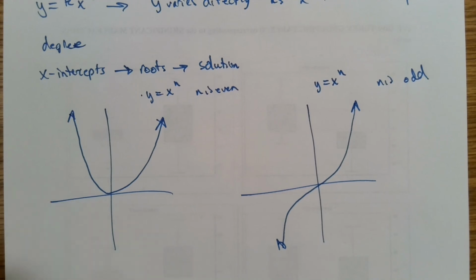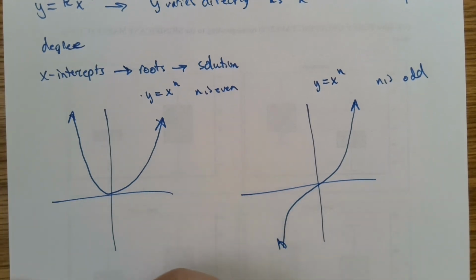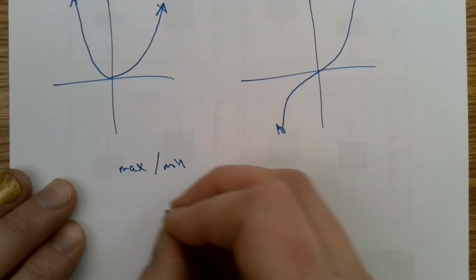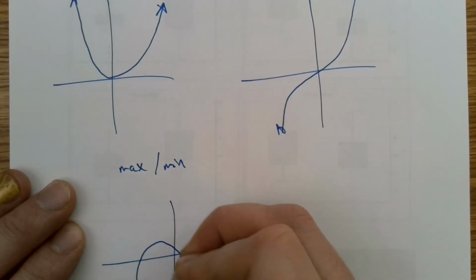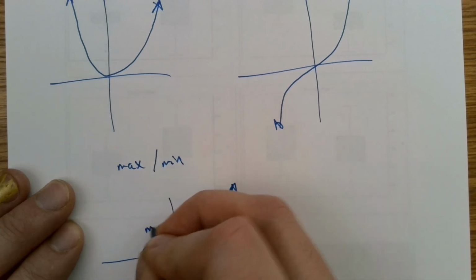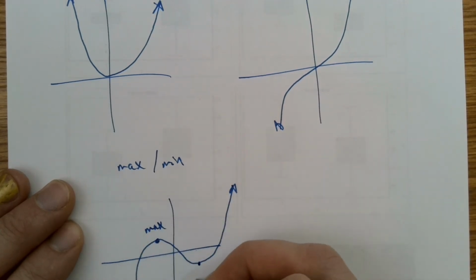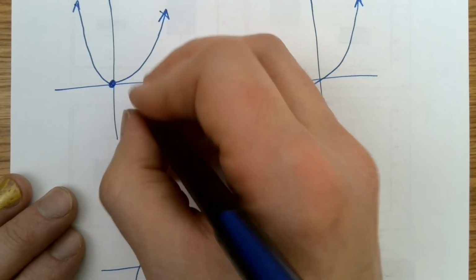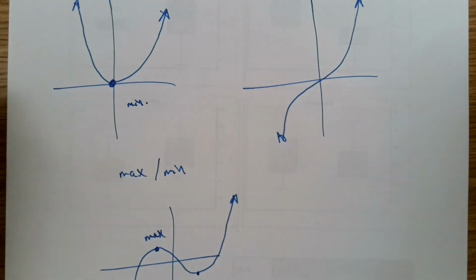And we learned about maximums and minimums of these. So if I gave a more pronounced graph, say of an odd powered function, we learned that this was a local maximum, this was a local minimum. Up here, this was an absolute minimum, the smallest value on the graph.